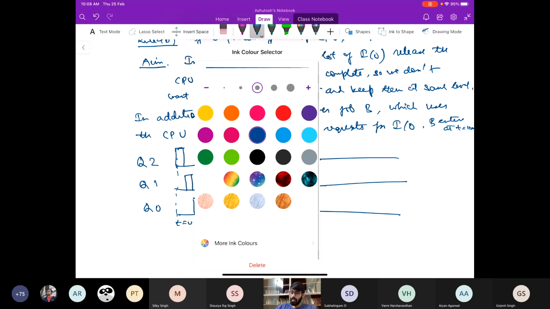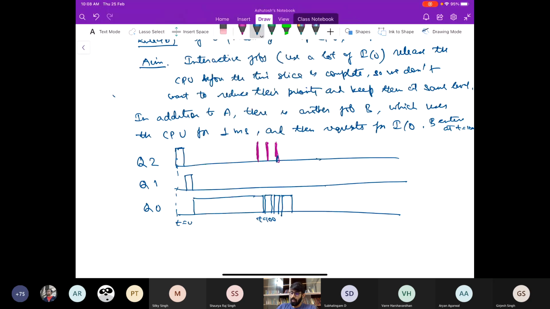If the time slice was 10 milliseconds, then this job used the CPU only for 1 millisecond, and the remaining 9 milliseconds were given to A. Or sorry, it should be for 10 actually. It should not be just 9 because A should be given its full time slice.